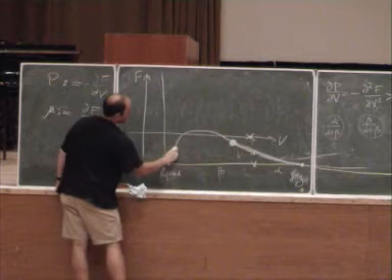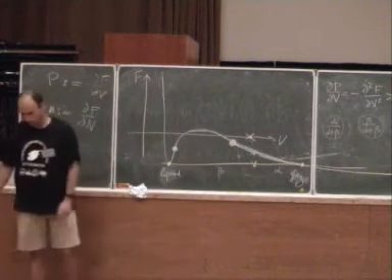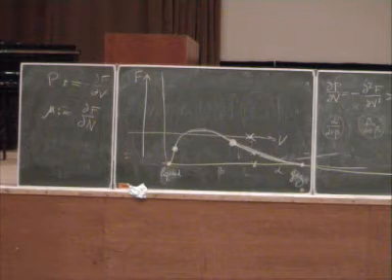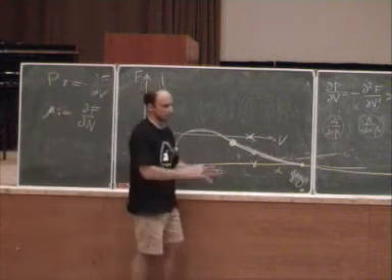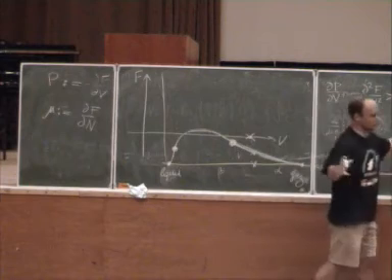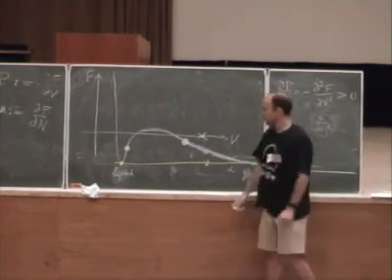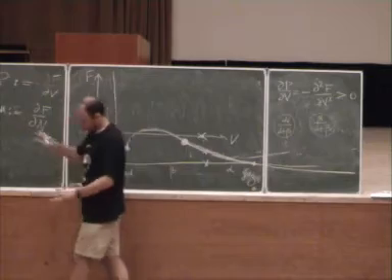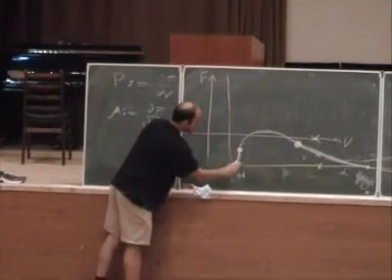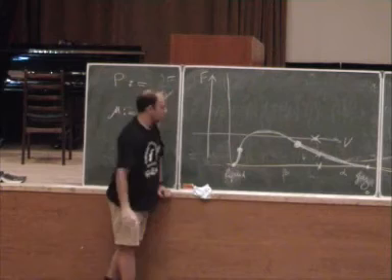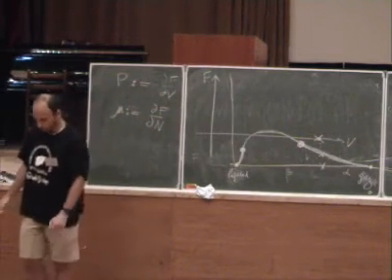Then there is this region between the two inflection points, where the system cannot be homogeneous. It is completely unstable. If you try to put the system in the homogeneous state, one of the parts will immediately begin to inflate, and the other will begin to deflate. And so it will separate into two phases. Then there is this piece that corresponds to overheated liquid, which is also possible.